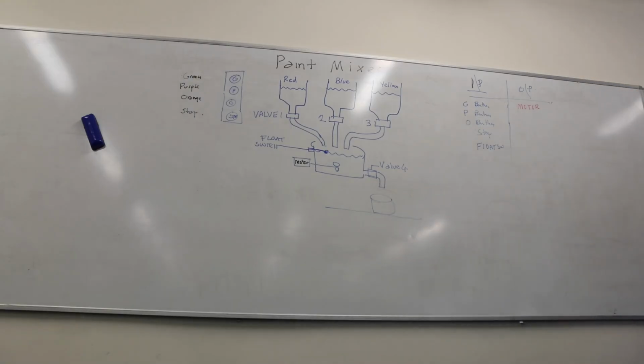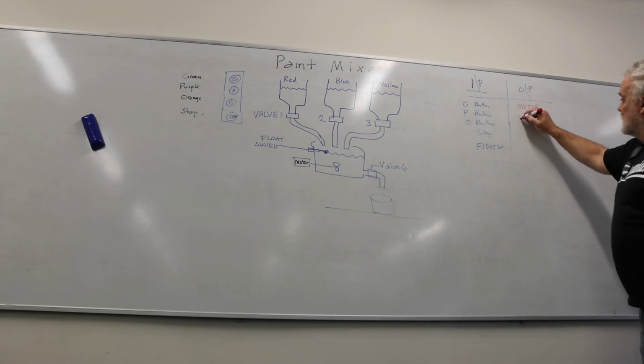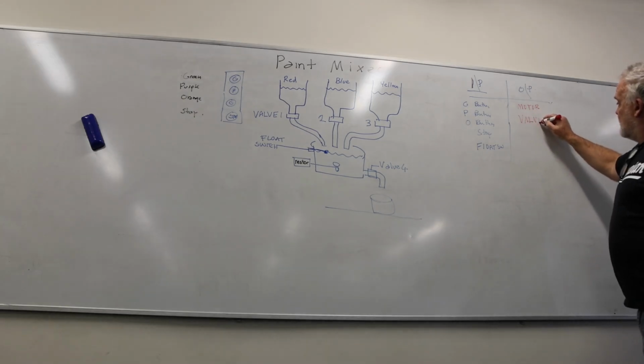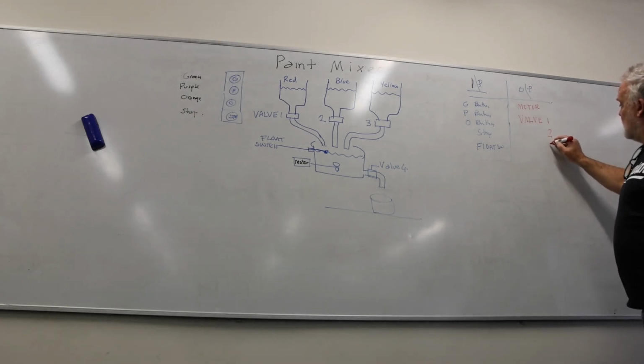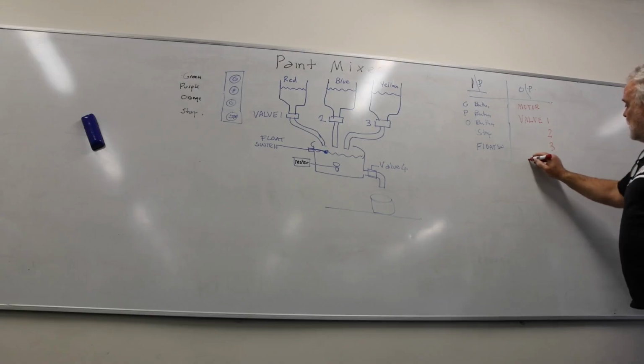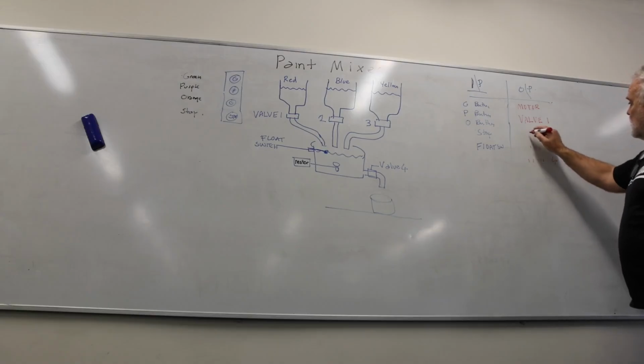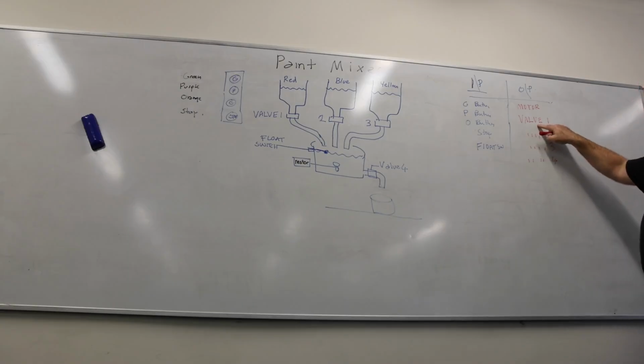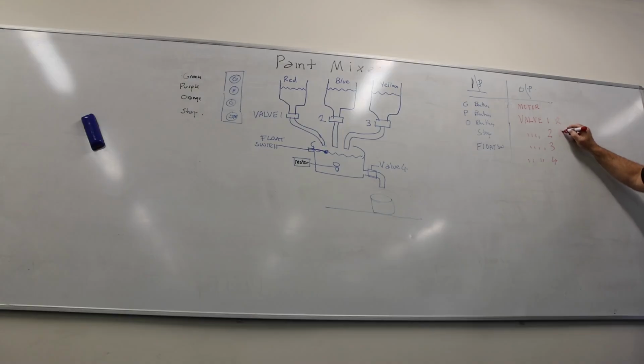We'll turn them on and off. Valve 1, 2, 3, 4. This valve I'm going to call red, blue, yellow, and I'll call that out. It'll just make more sense when I'm reading it in my code, okay? Rather than 1, 2, 3, 4.